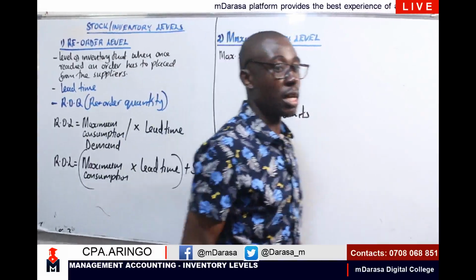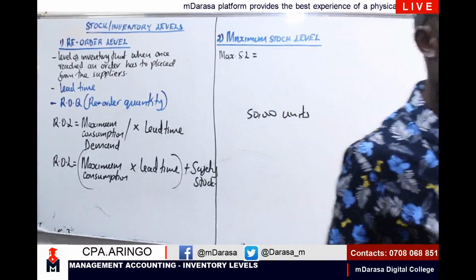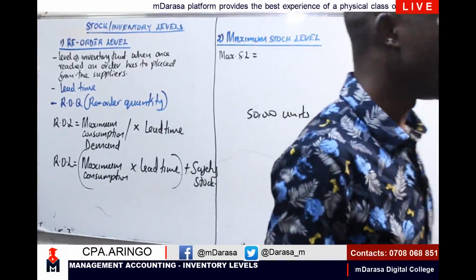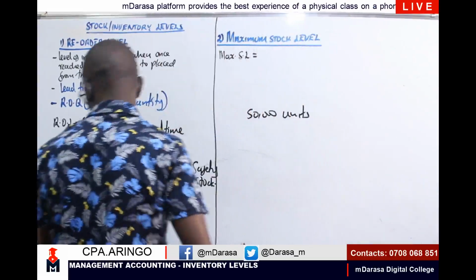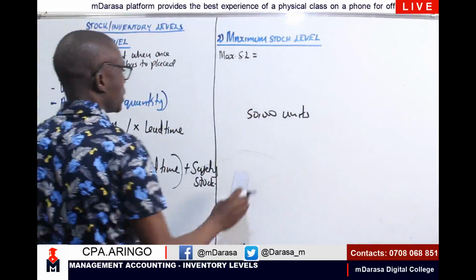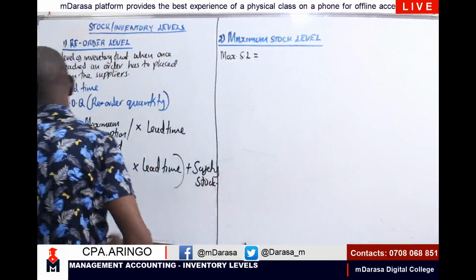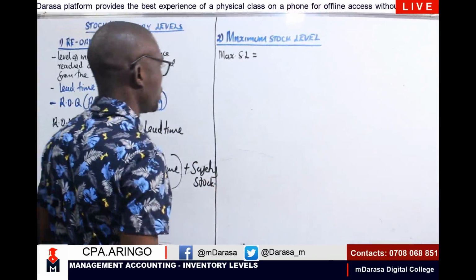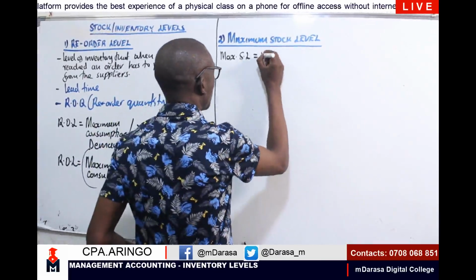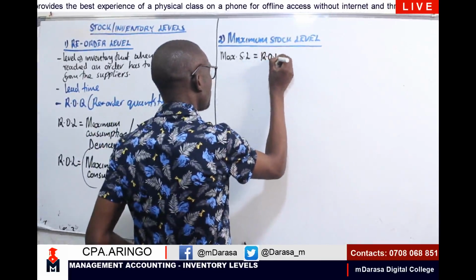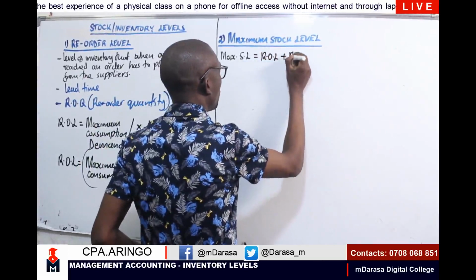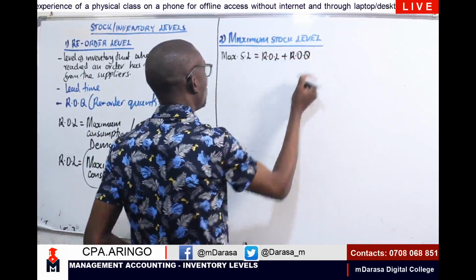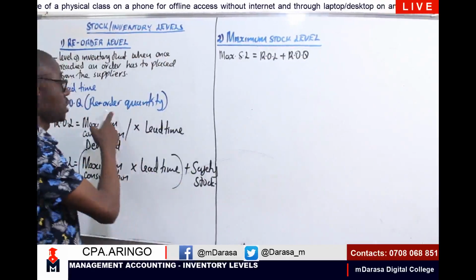To determine our maximum stock level, my good students, once we had looked at the reorder level, this one will be easy because I'll be taking our reorder level and adding our reorder quantity. Remember what Mwalimu had talked about reorder quantity, right?